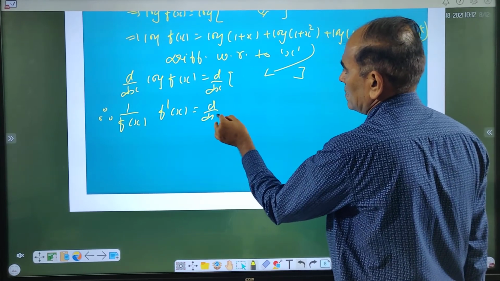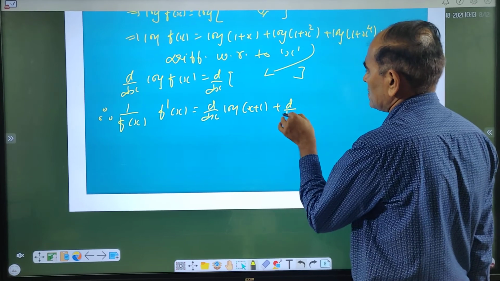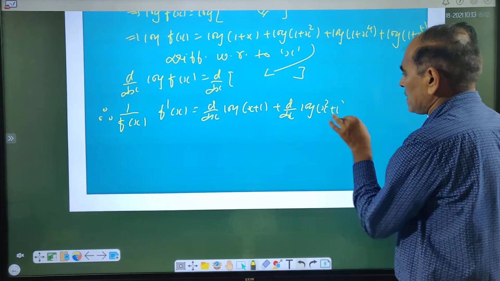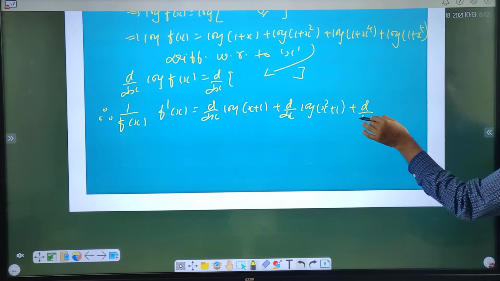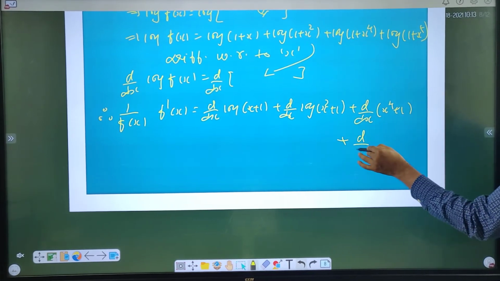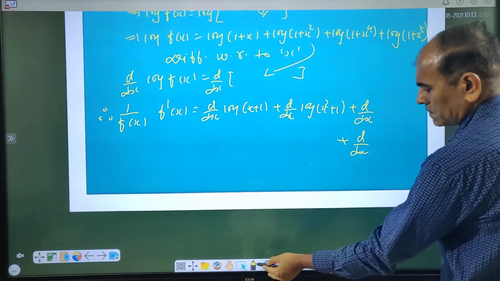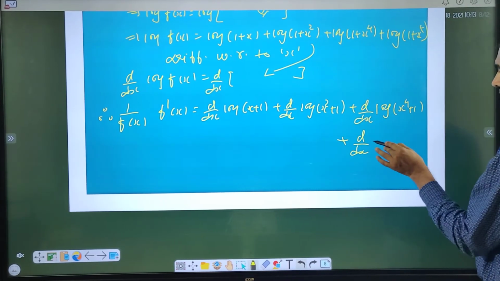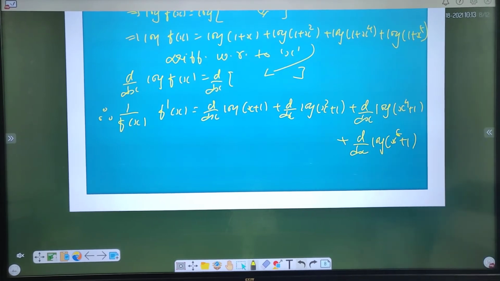Now that is equal to d by dx of log of (x plus 1) plus d by dx of log of (x square plus 1). Can I write it this way? Yes, we can write it. Plus d by dx of log of (x raised to 4 plus 1) plus d by dx of log of (x raised to 8 plus 1).